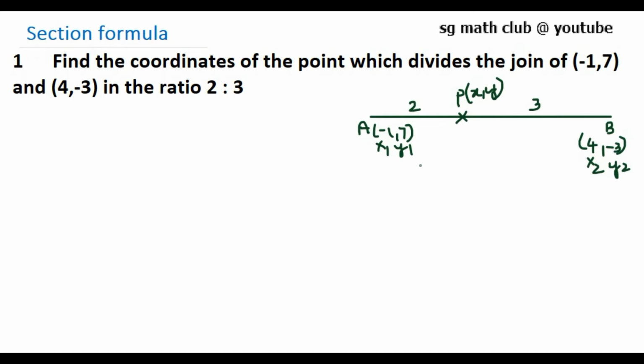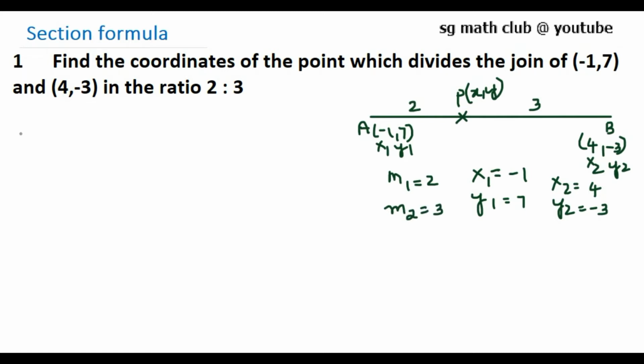So we will write all these values. x1 is -1, y1 is 7, x2 is 4, y2 is -3, and again m1 is 2 and m2 is 3. Now we will write the section formula.